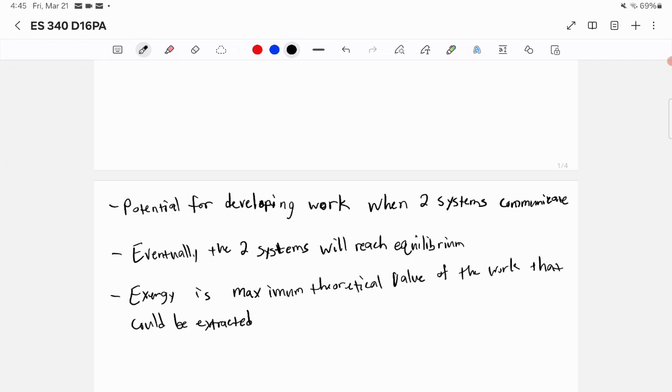So that hot cup of coffee is transferring some heat energy to the atmosphere, and because of that, if I were to attach some cycle to it somehow, in fact, that's exactly what happens with a Stirling engine, and I suggest that you go and take a look at a Stirling engine at some point, say a YouTube video or something. The Stirling engine can be set on top of that hot cup of coffee, and it can actually do some work, right?